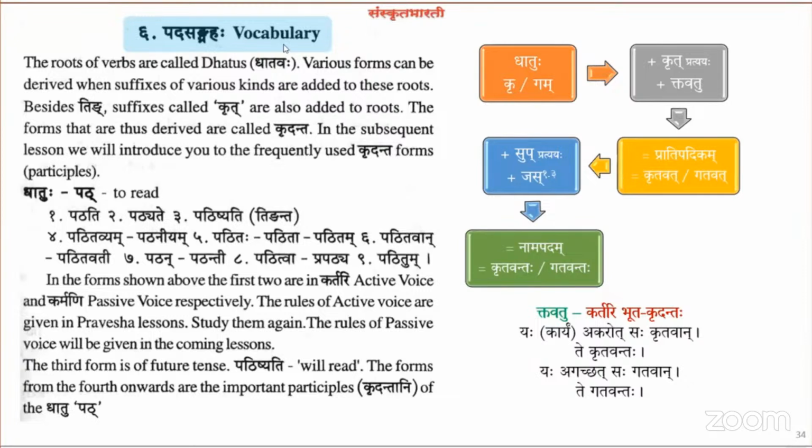One, pathati; two, pathyate; three, pathishyati, tinganta; four, pathitavyam, pathaniyam; five, pathitah, pathitah, pathitam; six, pathitavan, pathitavati; seven, pathan, pathanti; eight, pathitva, prapathya; nine, pathitum. So you are getting different forms.